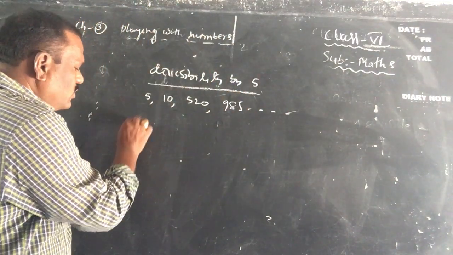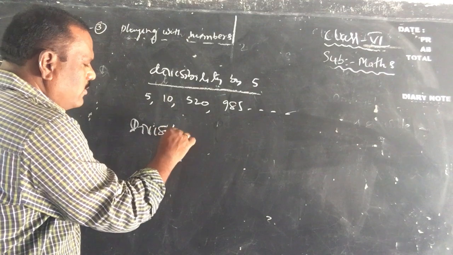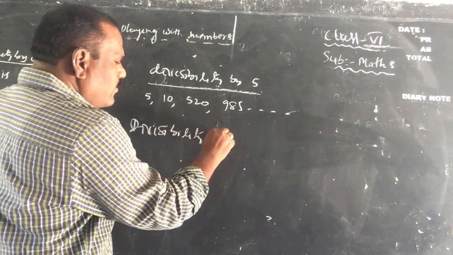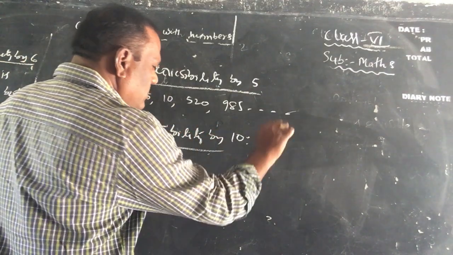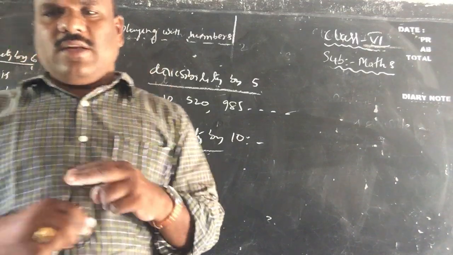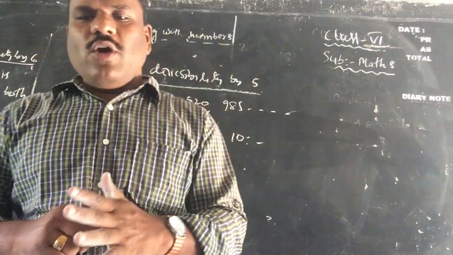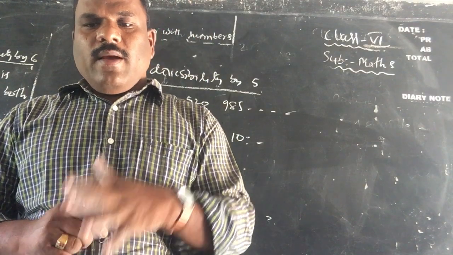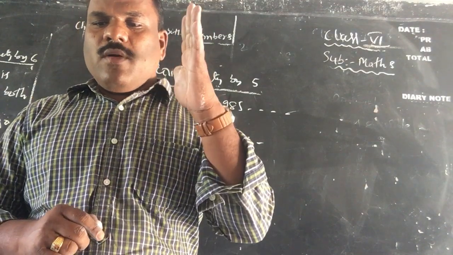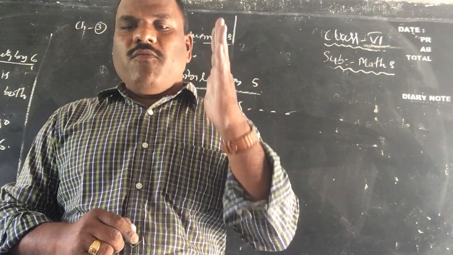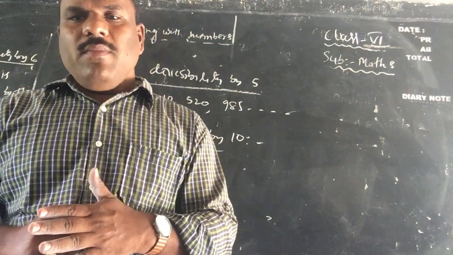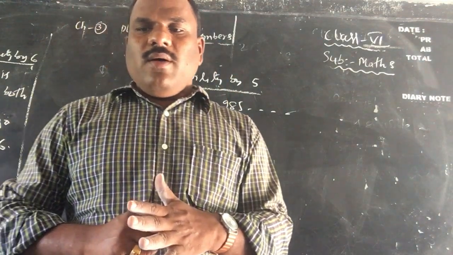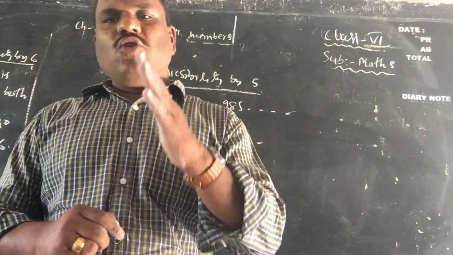And next, divisibility by 10, children. There are two conditions. All numbers that have 0 in their ones place are divisible by 10, and all numbers divisible by both 5 and 2 are also divisible by 10.